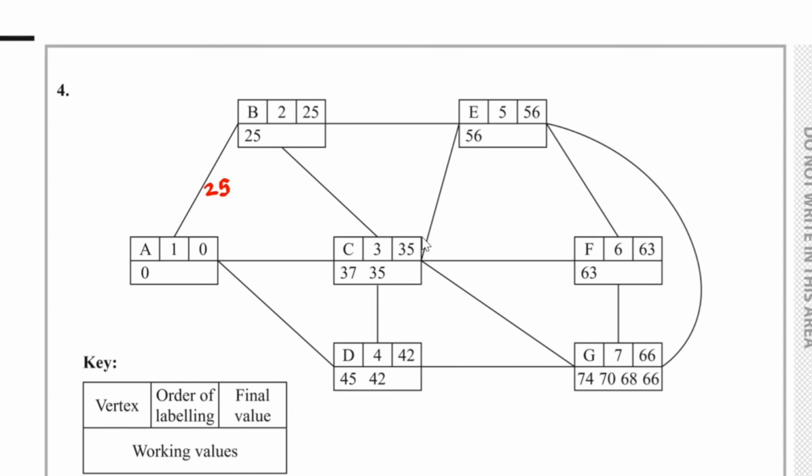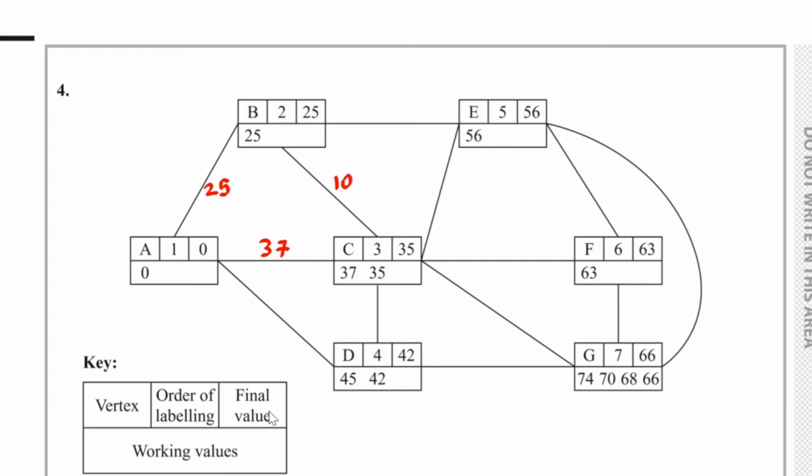Now if I take a look at the 25, if I were to add 10 to it, I would get the 35. So somewhere here I got 37, presumably by having 0 plus 37, but that was replaced by going from B to C directly.